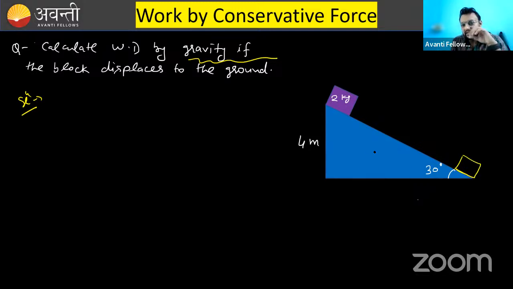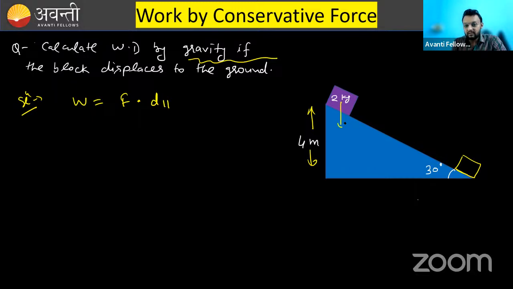The block displaces by a distance of 4 meters. So the work done will be force into displacement parallel. I hope you remember that yesterday's punchline was force into displacement parallel.